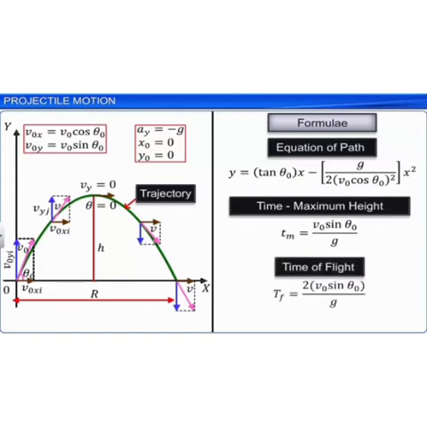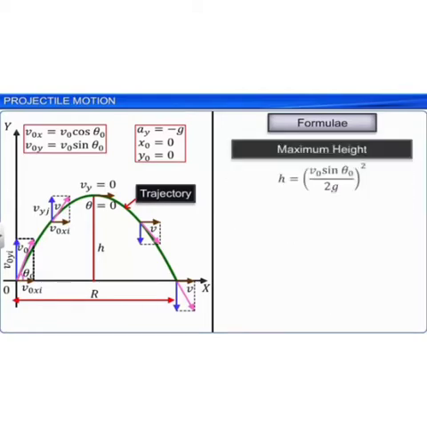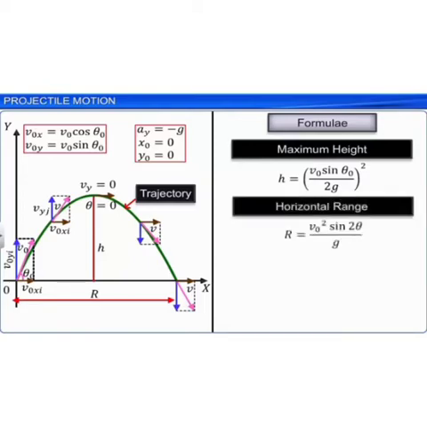The maximum height attained by the projectile: H is equal to (v0 sin theta 0) square divided by 2g. Horizontal range of the projectile: R is equal to v0 square into sin 2 theta divided by g. The maximum range of the projectile: R max is equal to v0 square by g.